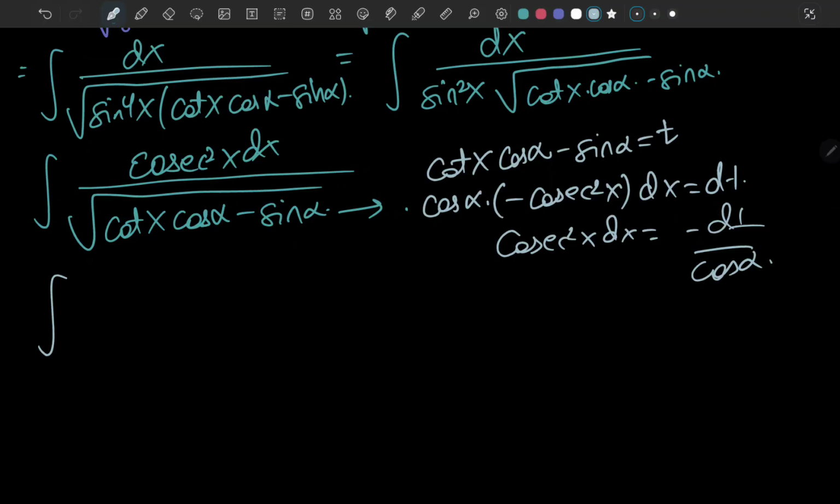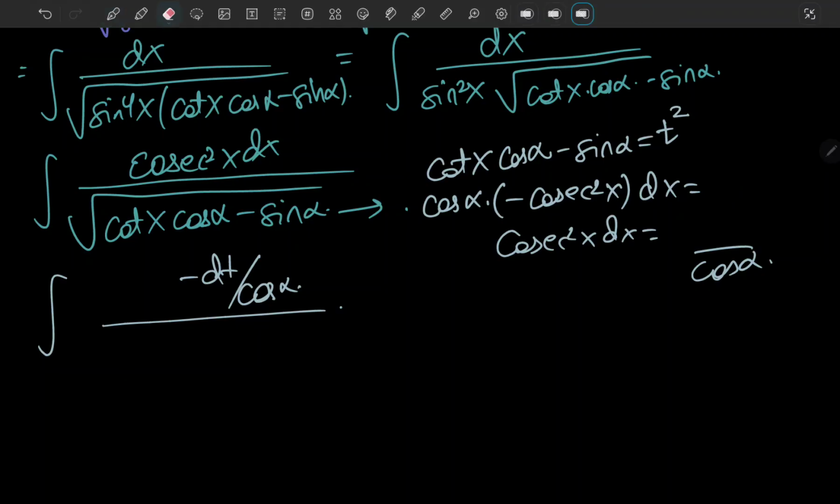So the integral becomes minus dt over cosine of alpha over... or else I should have taken this as t squared to just get rid of the radical. So our dt and all this stuff becomes 2t dt with a minus sign.